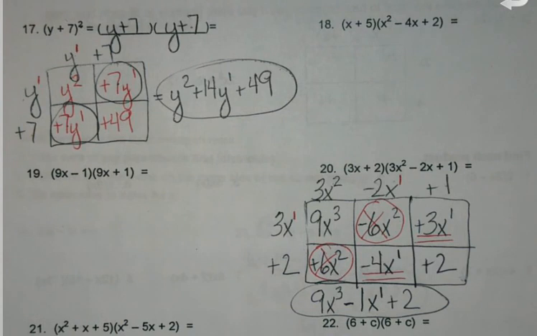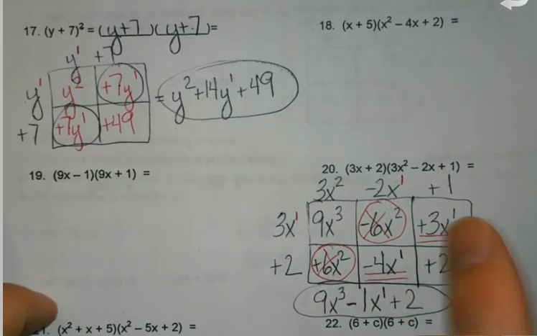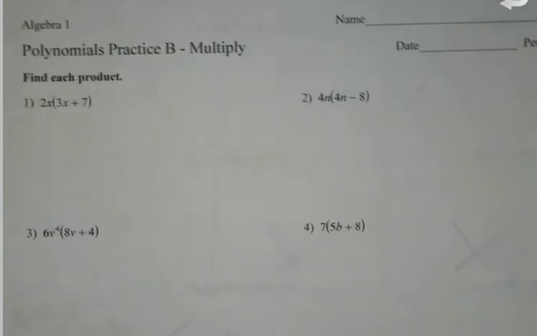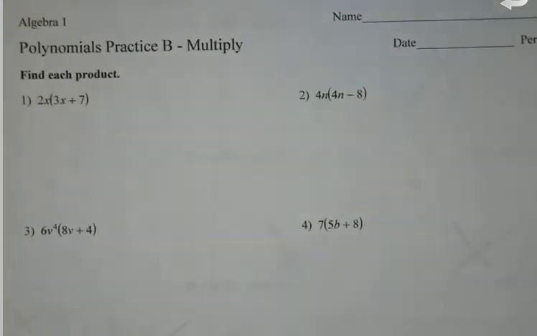Okay. So we've got an example of everything now. Everything that you could possibly run into. So your task is to now take this sheet to help you work through the practice.